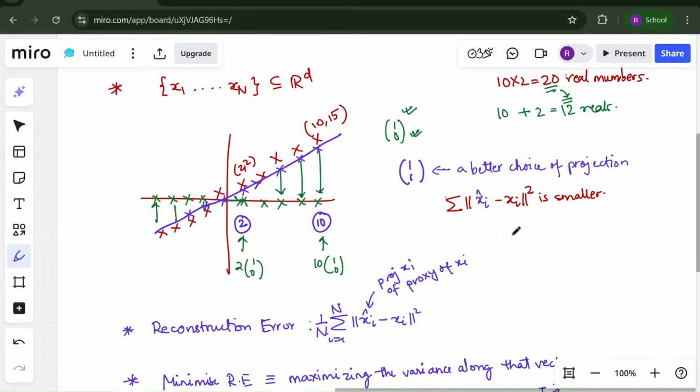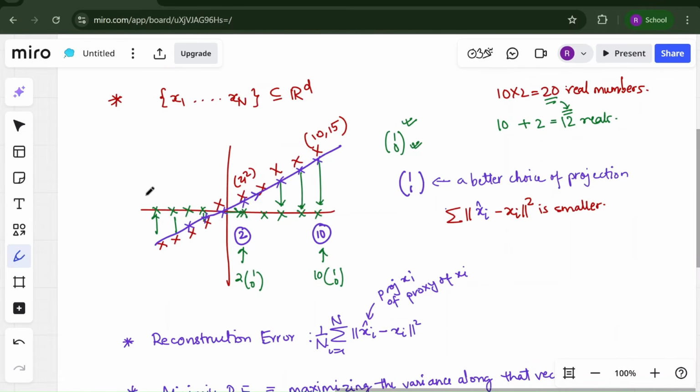For example, in this simple example we took, what was d? D is 2. What is k? K is 1. We are trying to project along a line only.